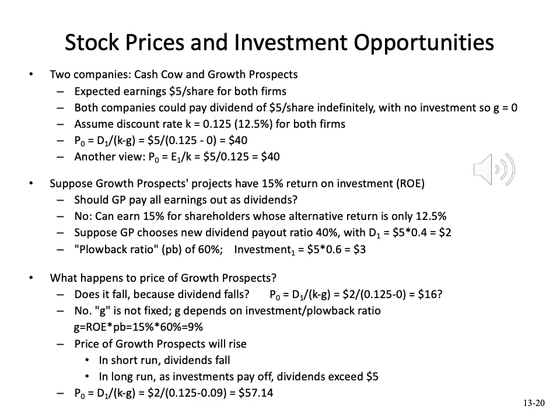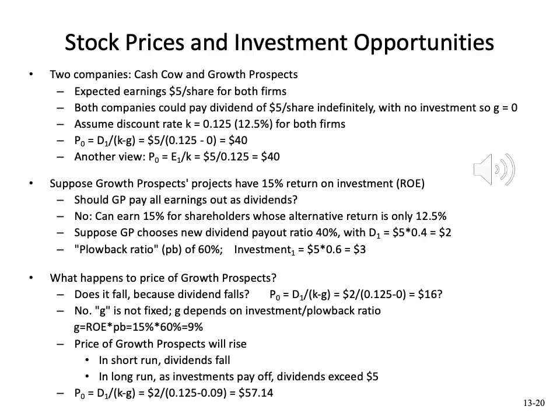Means if you invest in this new project, you can generate 15% return. Okay? Well, if you have this new project, do you think the company will still pay out all earnings as dividends? No, because if the company can keep some of the earnings and invest in this 15% return project, that return is higher than the required return from the shareholders, 12.5%.